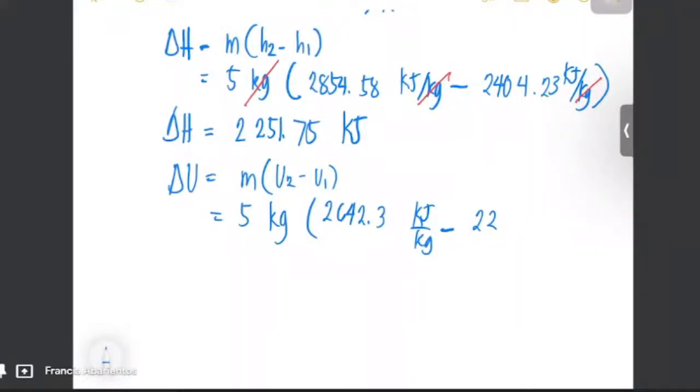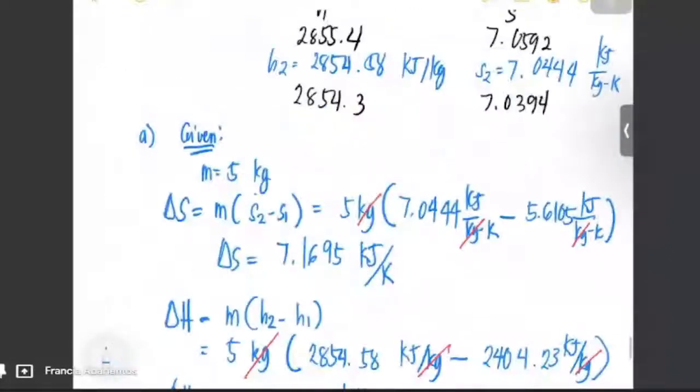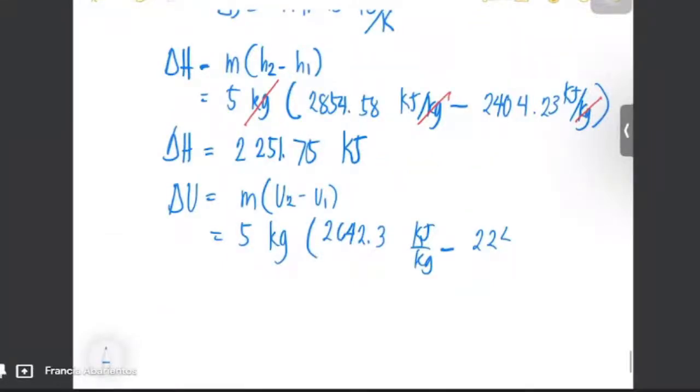Ano yung state 1 natin? 2642 minus 2245.71 is 0.71, times 5.